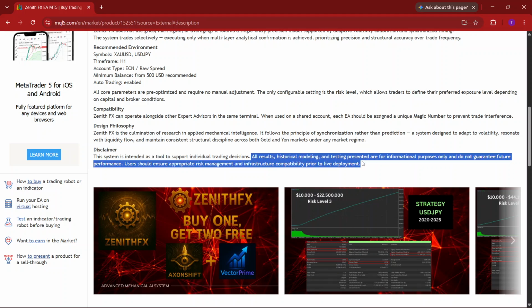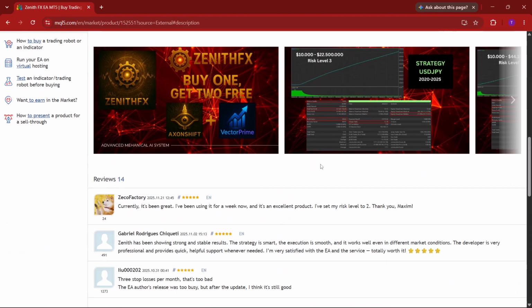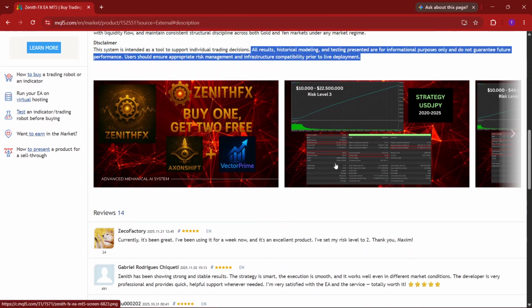You can read all that and more. It does not guarantee future performance. No entry rules are shown. No exact TP or SL values are listed in the description. It's all high-level architectural language and the claim of pure single-entry mechanical intelligence synchronized to liquidity.